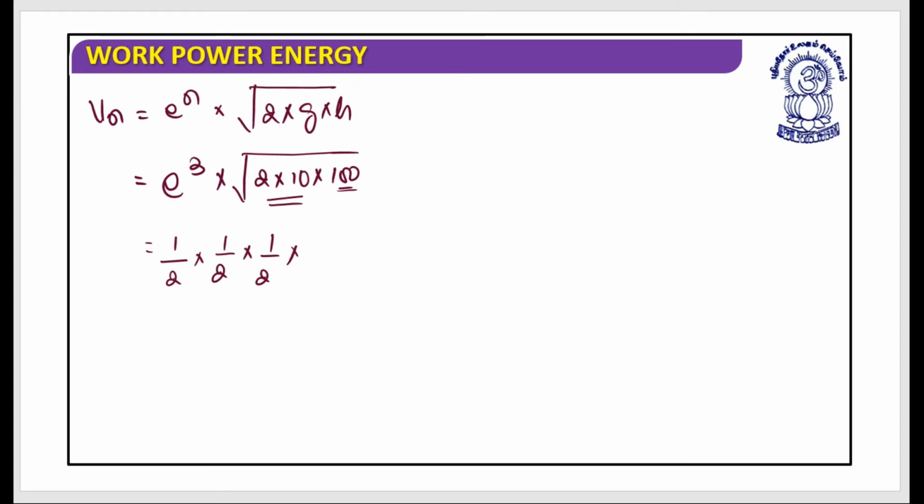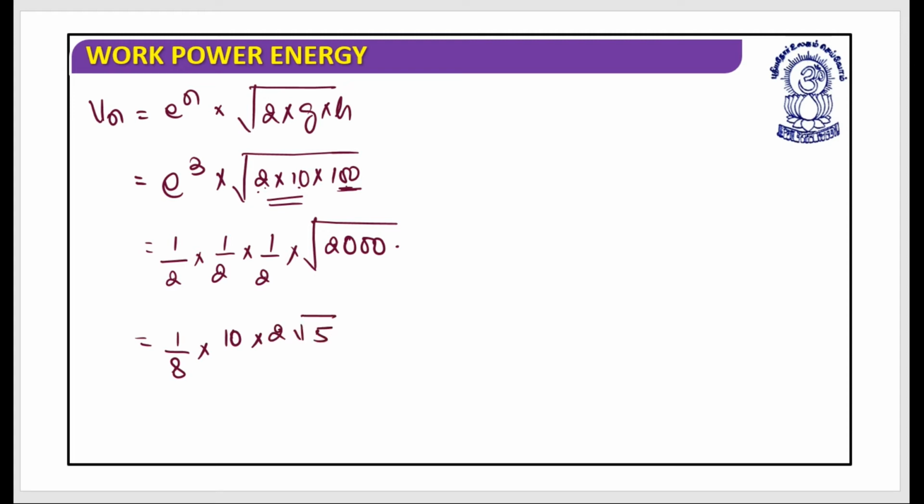So this could be written as 1 by 8 multiplied by root of 2000. 2000 is 400 into 5, so root 2000 is 20 root 5.